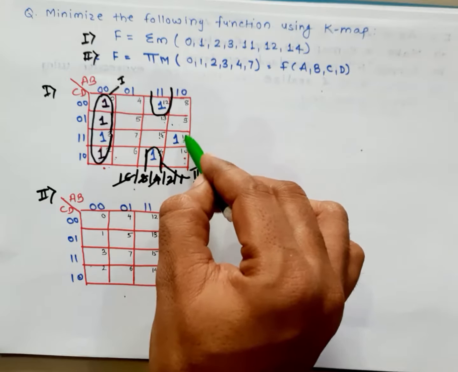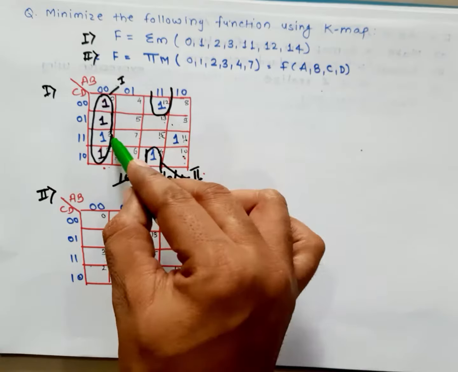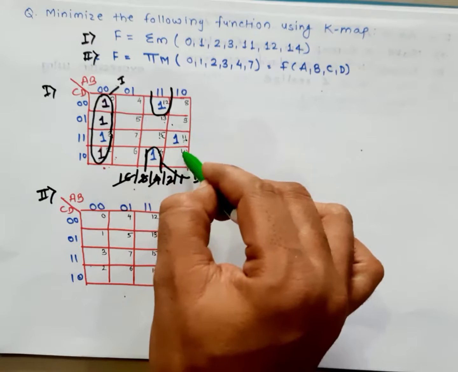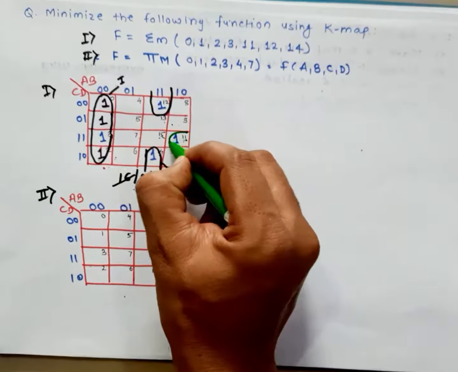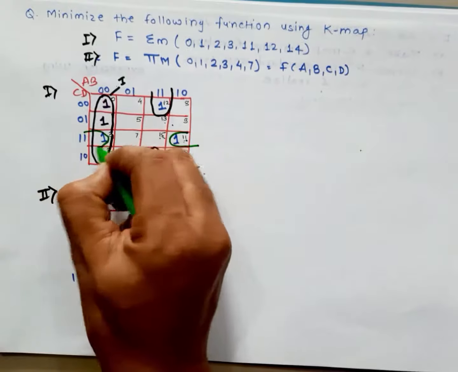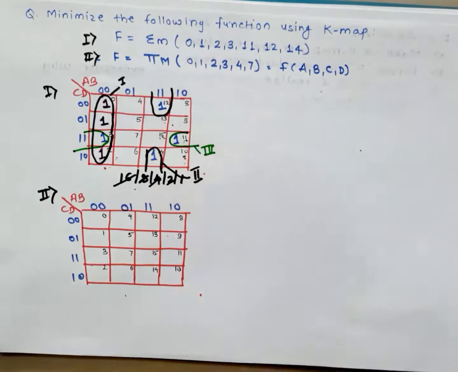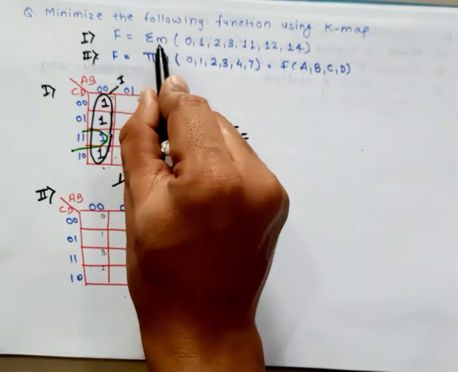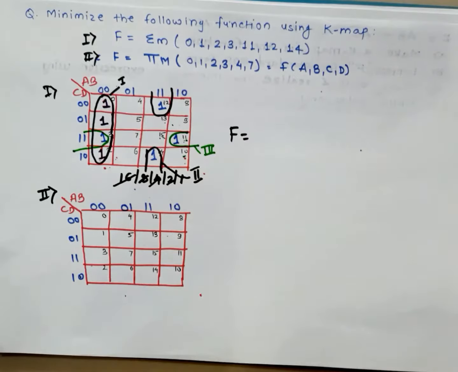For 11, 9, 15, 10 and 3 are the adjacent cells. 9, 15, 10 don't have high values, but 3 has a high value, so we can easily make a group of these 2 cells. So now this is the third group. Now we need to write down the final equation. Which function is given? SOP. So the final equation must be in SOP form.